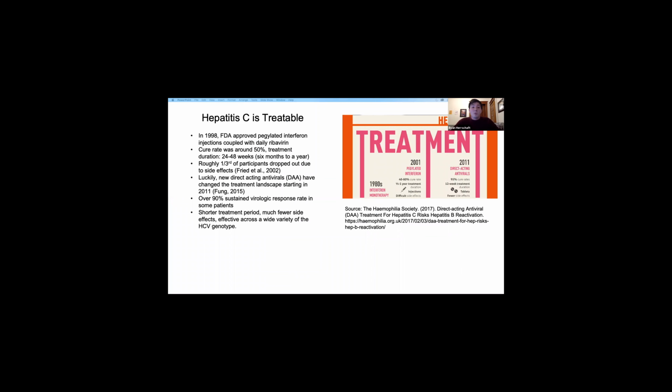It was a cure for hepatitis C, but it wasn't as effective as we would hope. It was only about 50% effective, and the treatment could take 24 to 48 weeks. So it was a long treatment course, and roughly 1/3 of participants dropped out of treatment due to side effects.